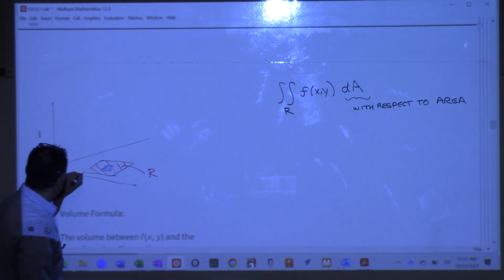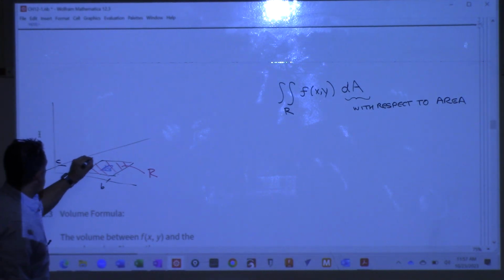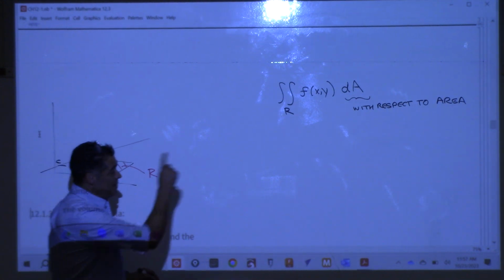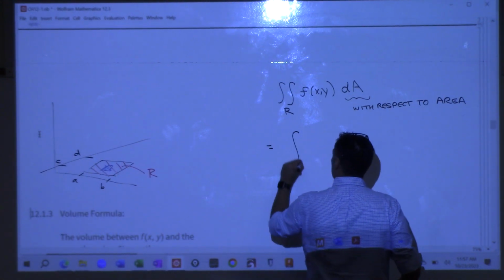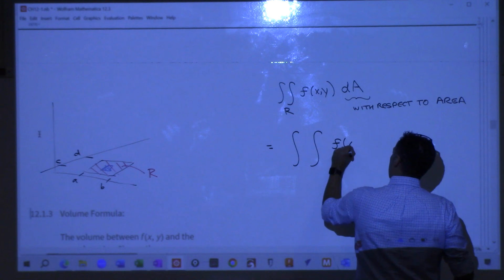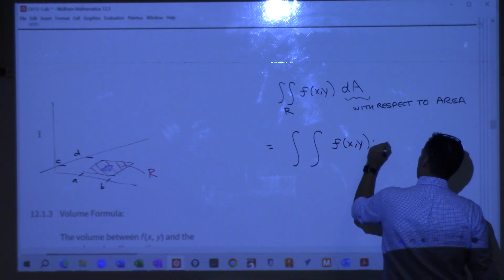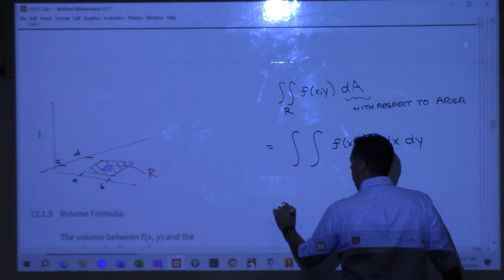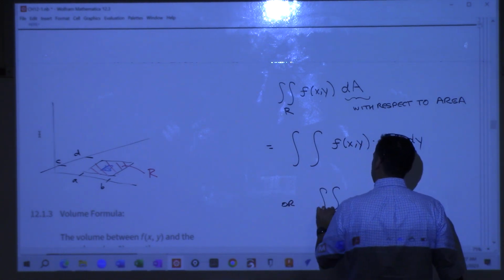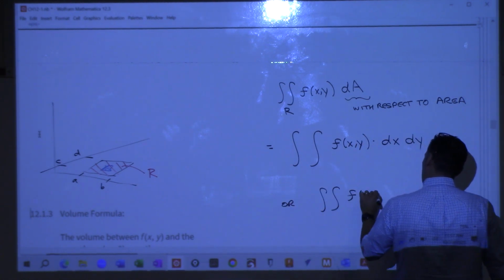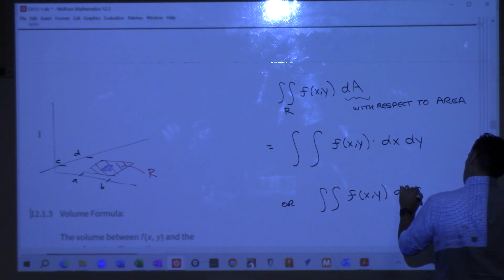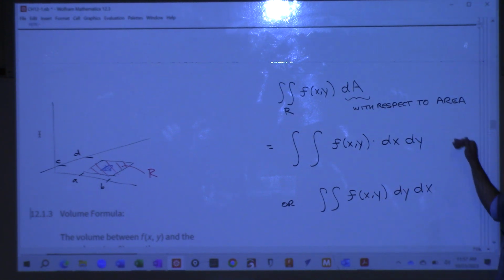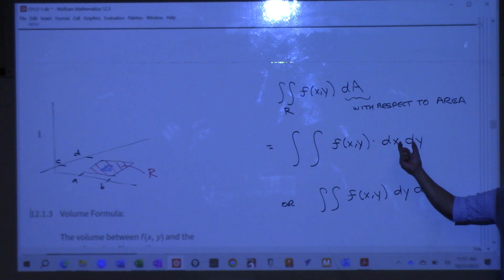Now, if I restrict this, if I tell you A to B here, and C to D here, if I actually give you those restrictions, then we can write this like this. Or we can write it this way. You can write it either way, switching the order of these.